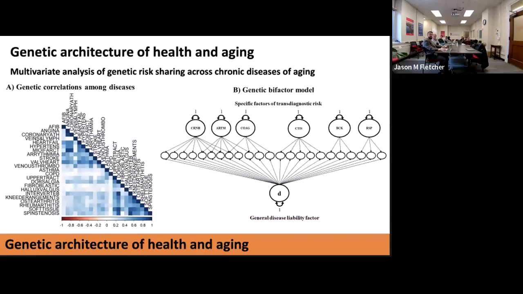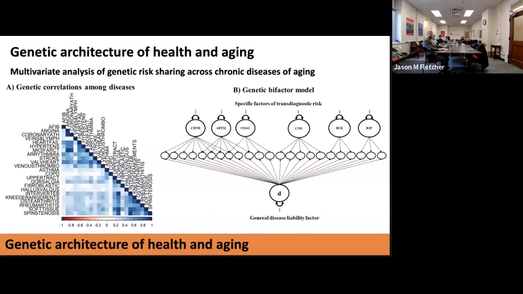This factor could represent a fundamental dimension of genetic risk sharing across age-related diseases that could be potentially revealing a common aging process, multi-system physiological dysregulation.